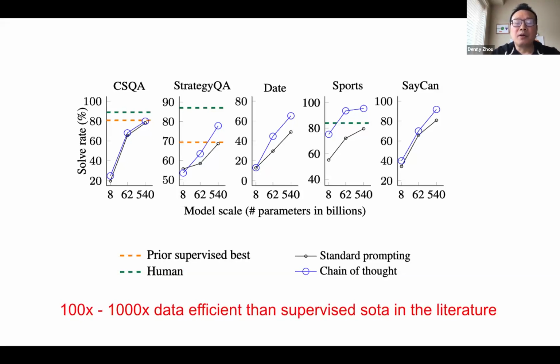However, we just need one or two examples for each task, just like humans usually do. So this is 100 times or even 1,000 times more data efficient. And also, we have no training and no architecture design.